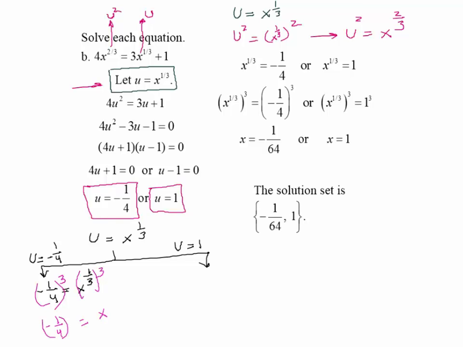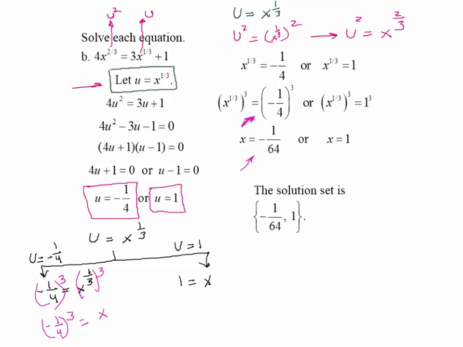So x would be equal to minus 1 over 4 to the power of 3. And that's what we have here. X is equal to minus 1 over 4 to the power of 3, which is equal to minus 1 over 64. And also we need to check one more condition.